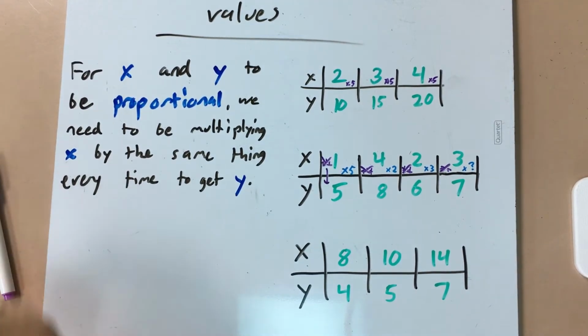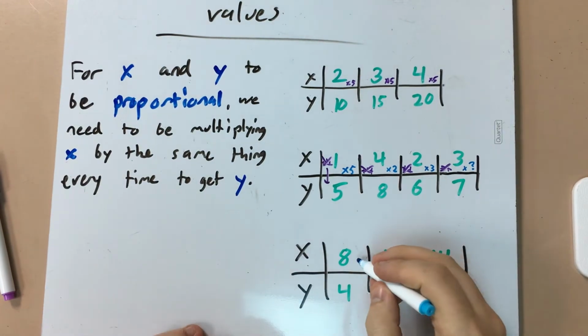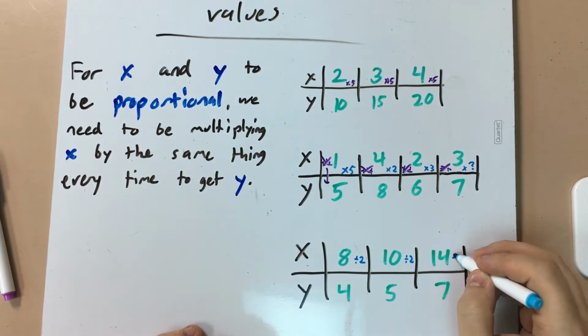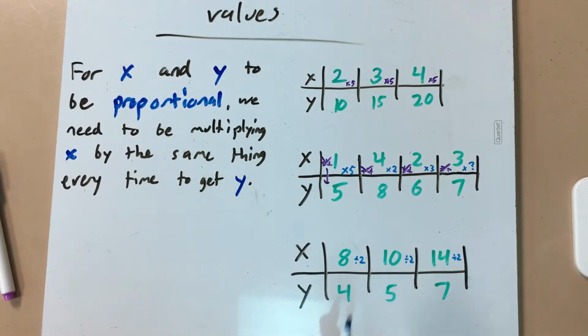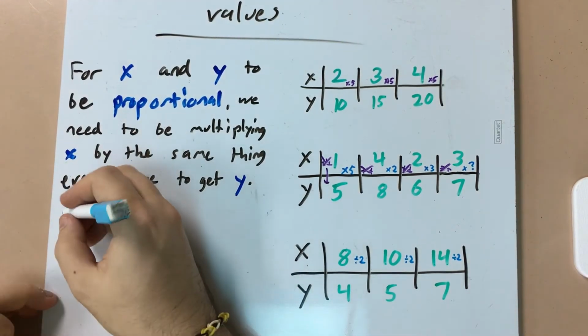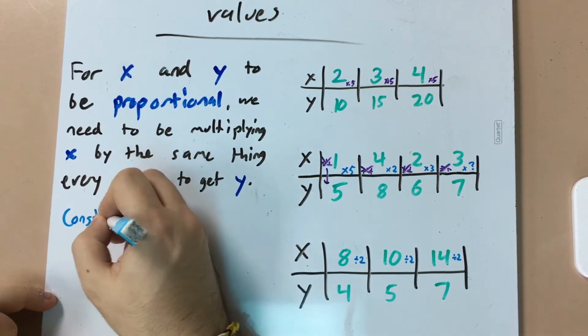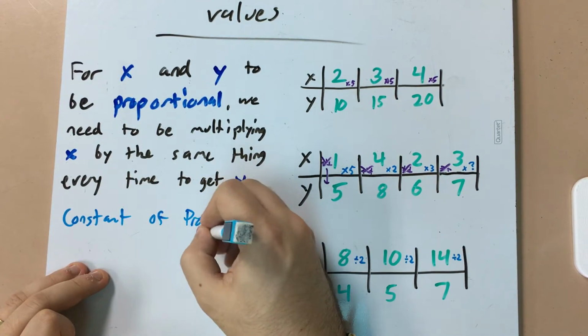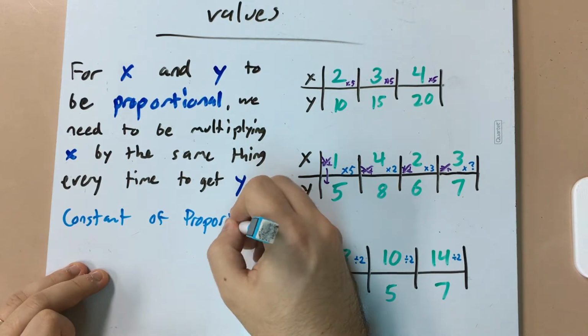Now down here, you might be able to tell that to get from x to y, we're actually dividing by 2. And dividing will work. You can go ahead and find something that you're dividing every time to get from x to y, and you can still say it's proportional, but this goes back to the idea of the constant of proportionality.